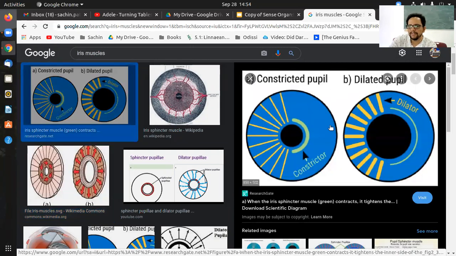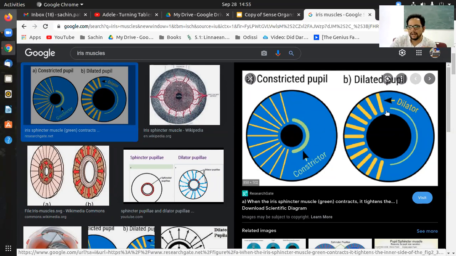If you look at this diagram, when the radial muscles contract, they pull towards the edge or the circumference, and that way the pupil will open, and that's when these lines have thickened, because they are contracted. In the other case, the circular muscles will be contracted.